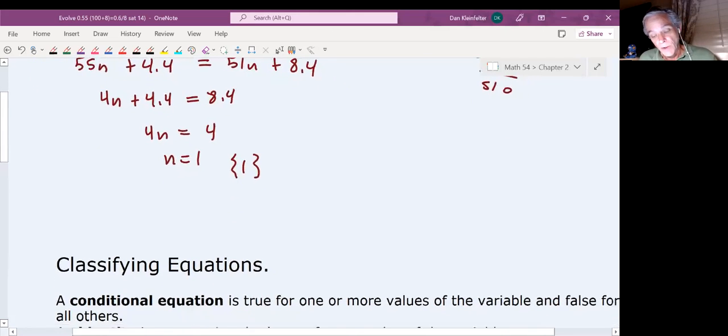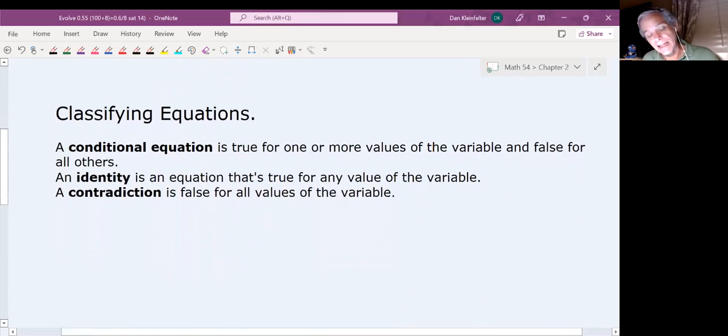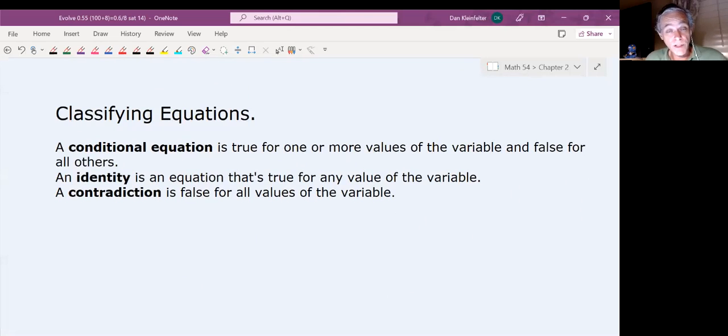Okay. The last piece of this section has to do with classifying equations. Depending on the nature of the equation we may have, we can have one solution, as we've done so far, or we may have no solutions or infinitely many solutions, and there's special words just for that.